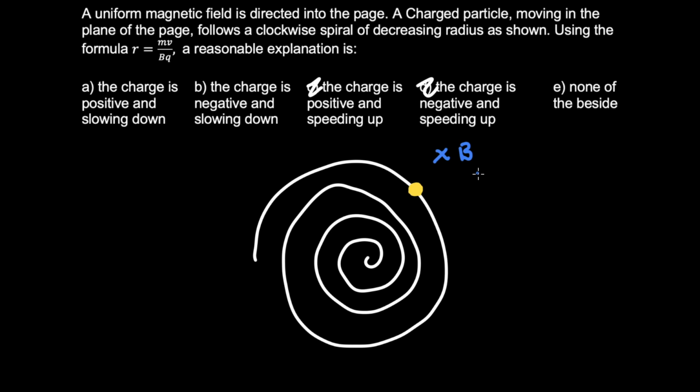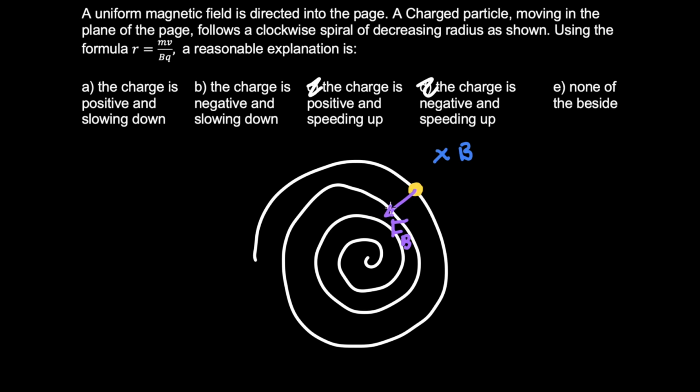And now we know that the yellow dot is traveling in a circle. And if it's traveling in a circle, that must mean that the force is applied inward. Because if the force was applied outward, the charged particle would be spiraling this way. This is from circular motion. And so the force is applied inward.